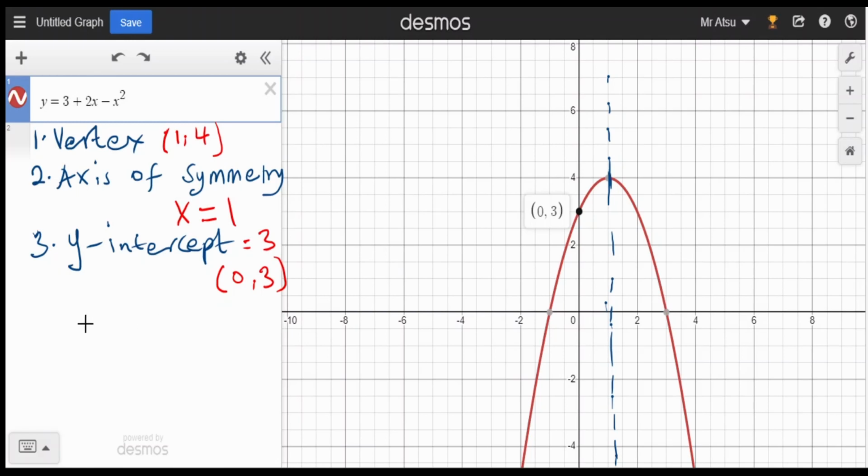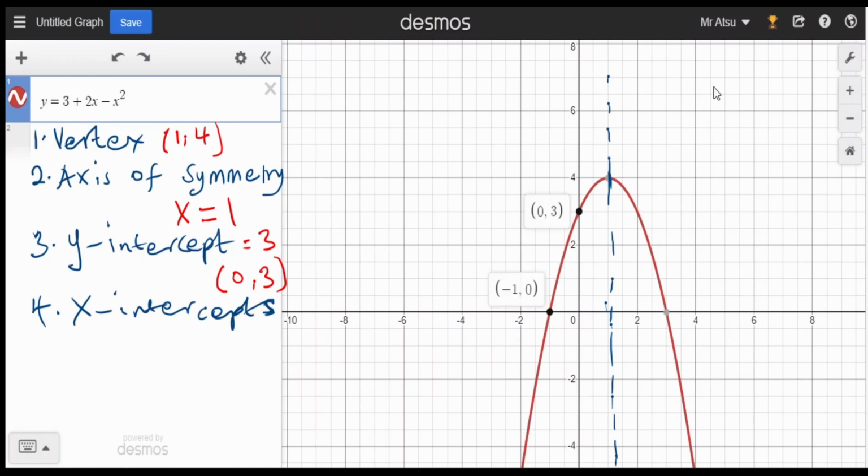Let's take the next thing we need to know about the parabola. Number 4, the x-intercept. These are the points where the parabola intersects the x-axis, and the x-intercept can be 1, 2, or no intercept at all. In this case, the x-intercepts are 2, and let me just show that on the graph quickly.